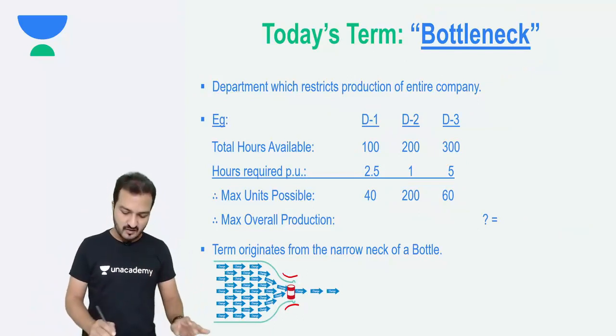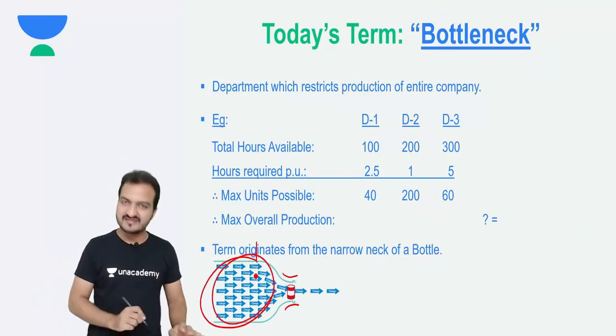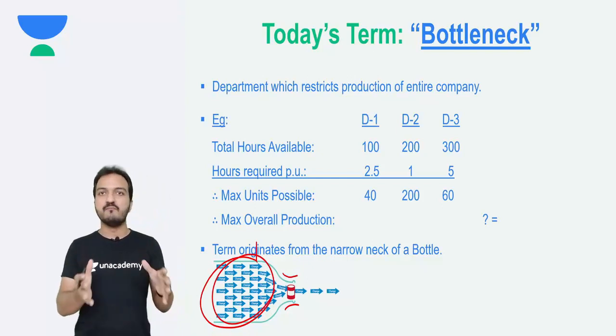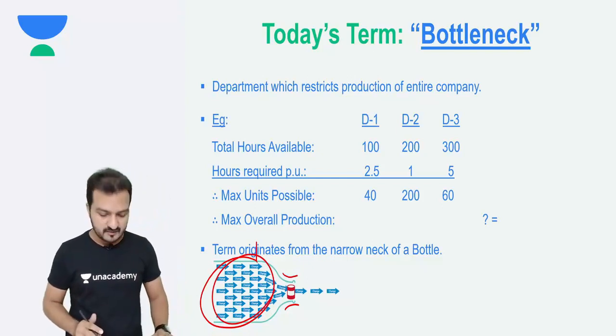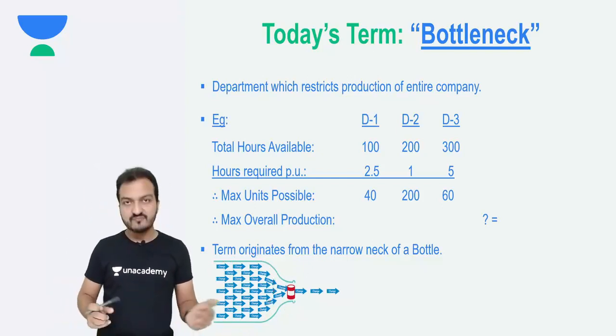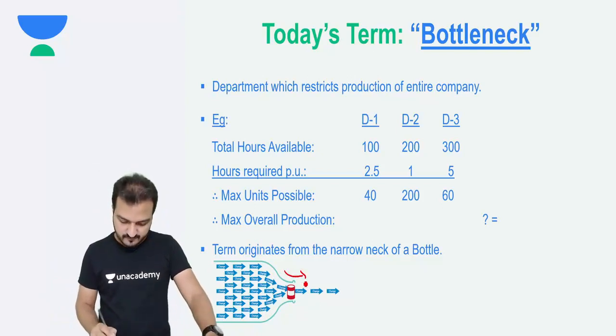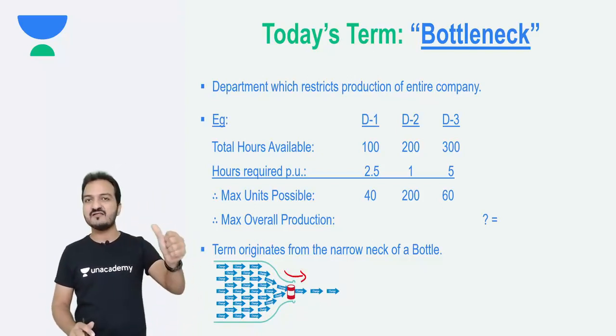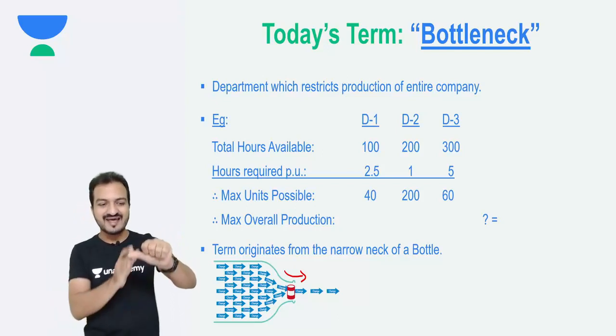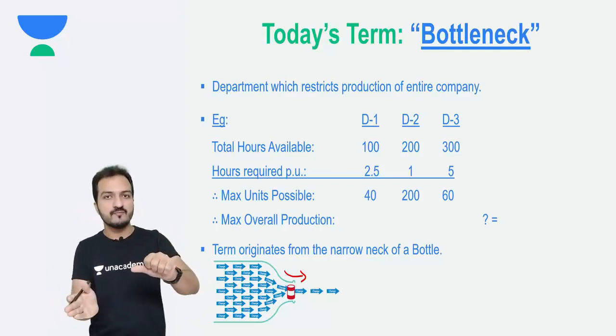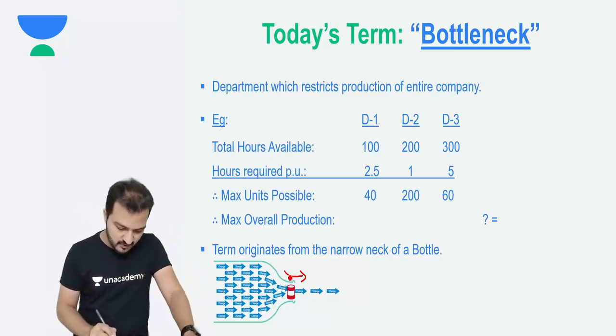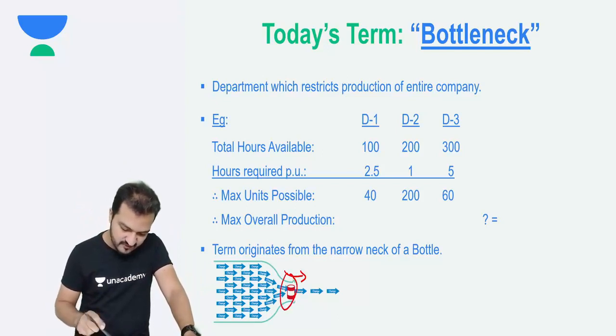No matter how huge the bottle is, no matter how big the body of the bottle is, when you tilt the bottle and things come out, the rate at which the flow comes out is restricted because of the neck size of the bottle.